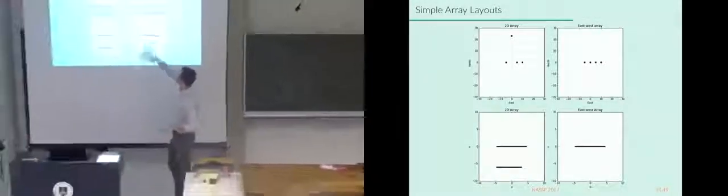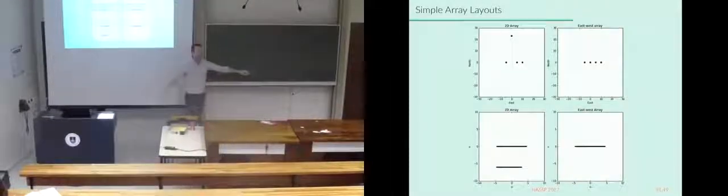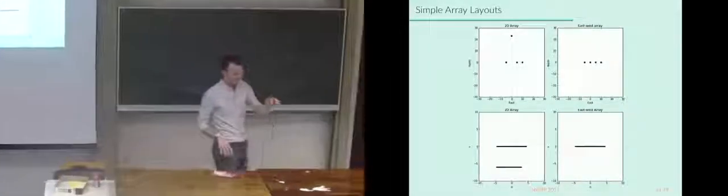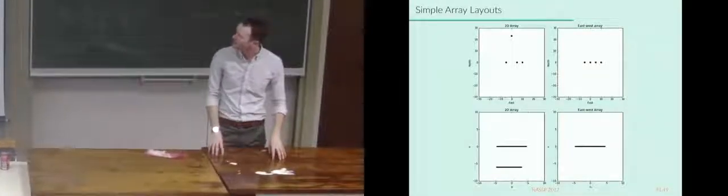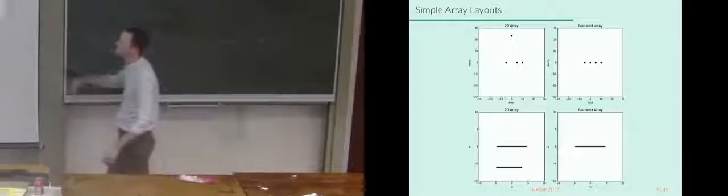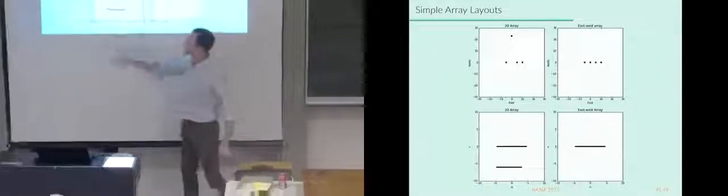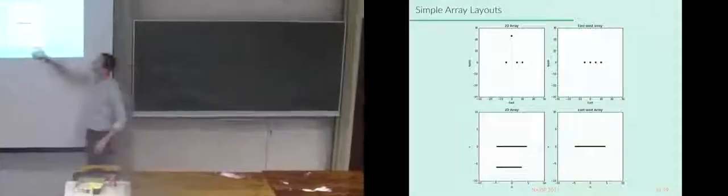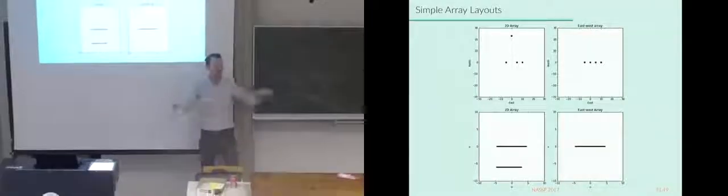And then you have an east-west array, where all the points are aligned east-west. So the first array is only slightly different than the second. And if you compute out the UVW of this, let's just say this is declination 0, very simple. In the east-west array, it's all flat, right?